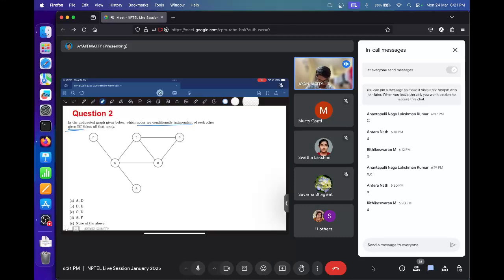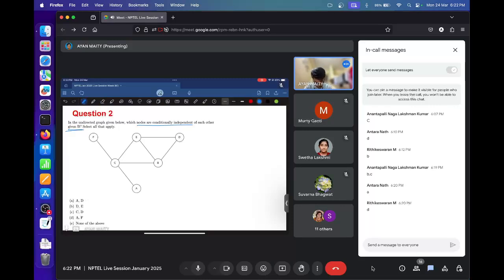So in undirected graphs, to find the conditional independence, there is only one rule: for the pair of variables, you have to find out whether the given variable blocks all the paths from a certain node. Let's say we want to check A and D, and node B is given. Does B block all the paths from A to D?